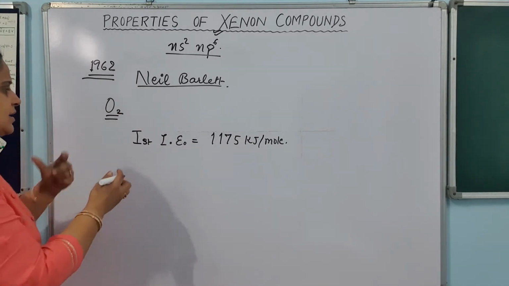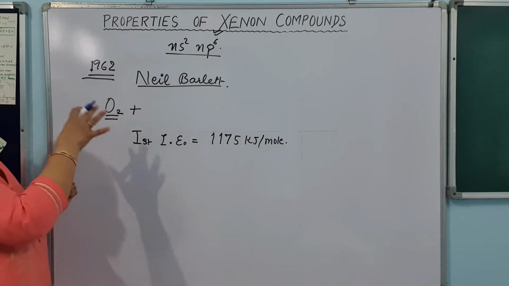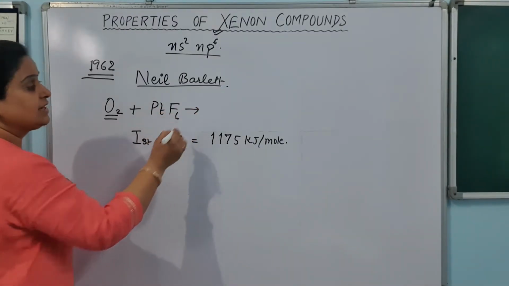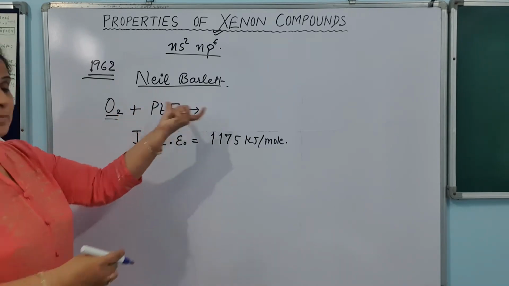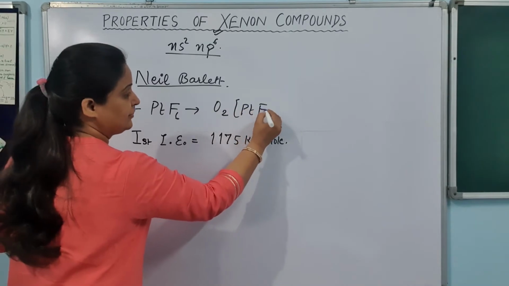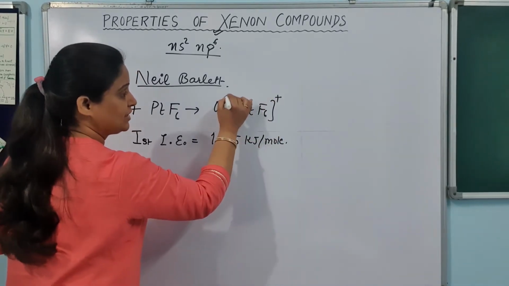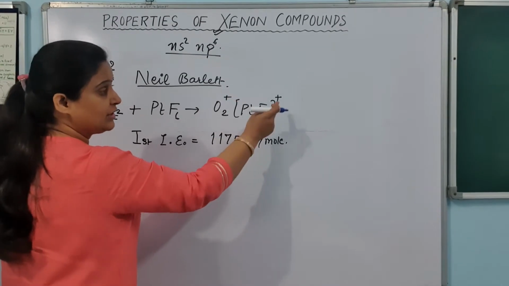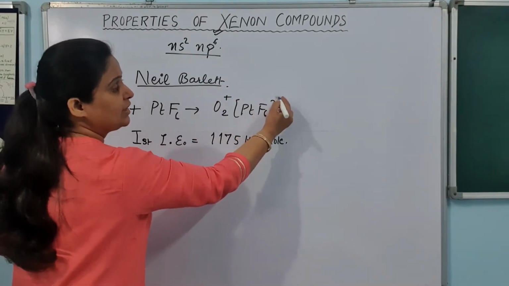Which compound was he making? He was reacting this oxygen with platinum hexafluoride, PtF6, and the compound formed was O2PtF6. This compound is of the kind where the oxygen loses one electron, and here the PtF6 is getting a minus charge.